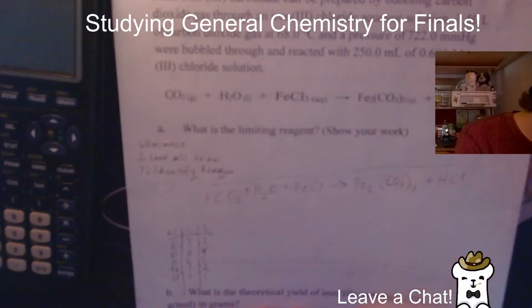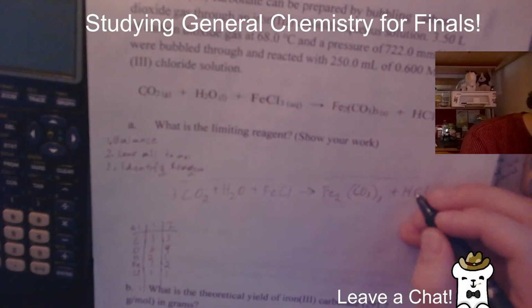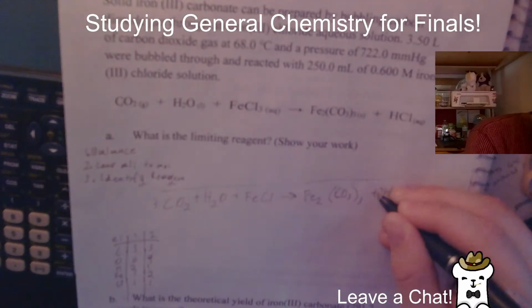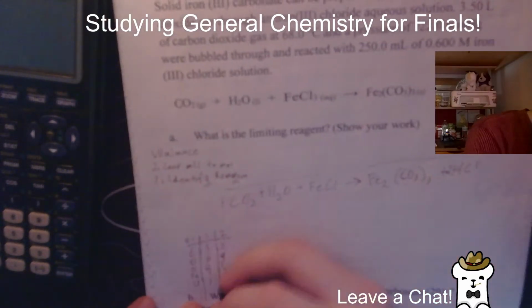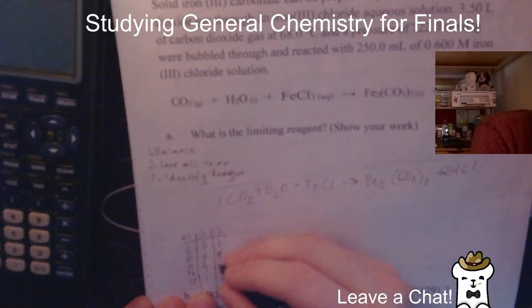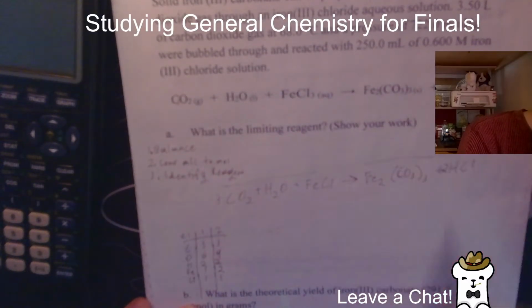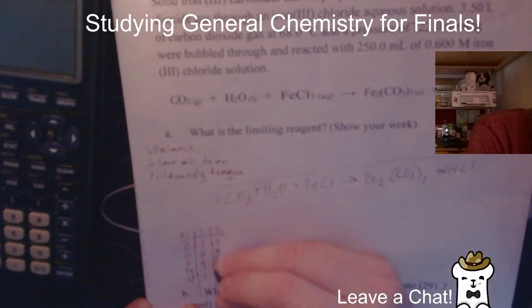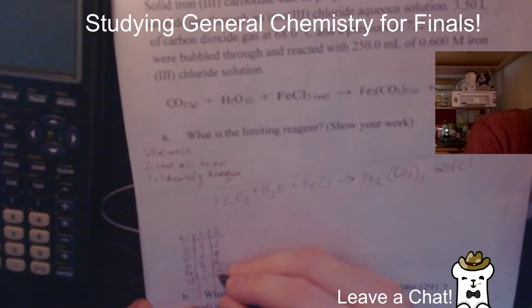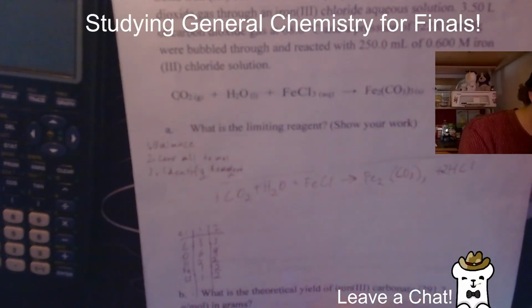So let's move on to the other side. Let's see. HCl, if we added a 2 to the HCl, that would give us 2 hydrogen and 2 chlorine. So that balances the hydrogen out.